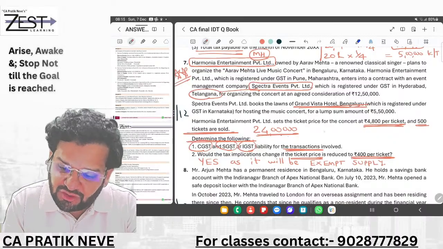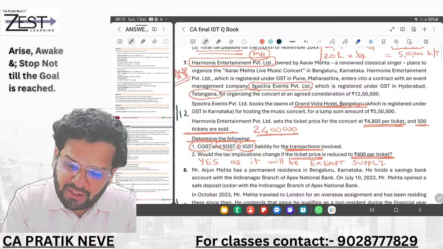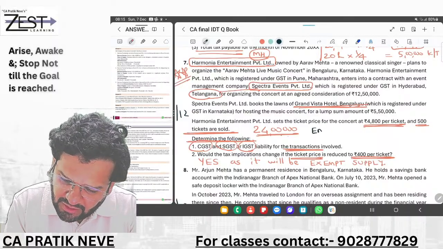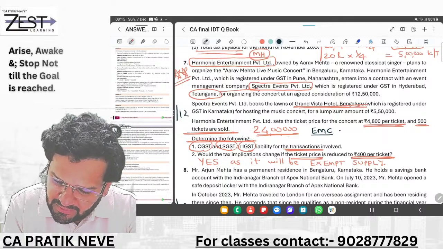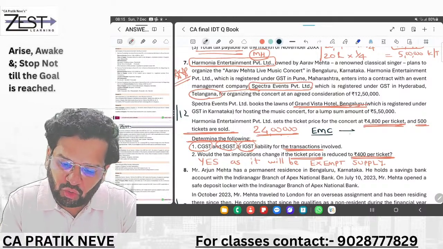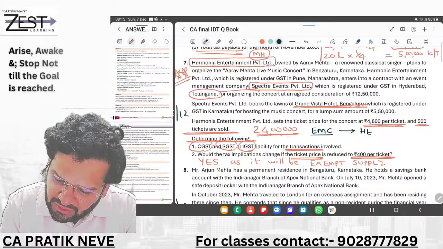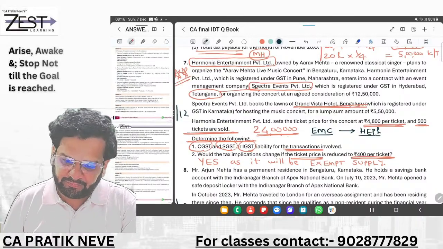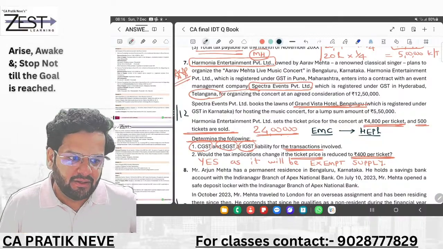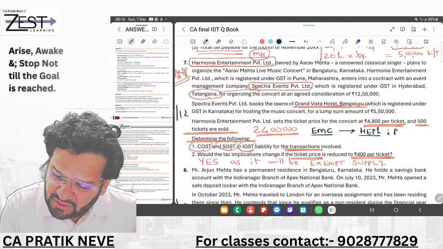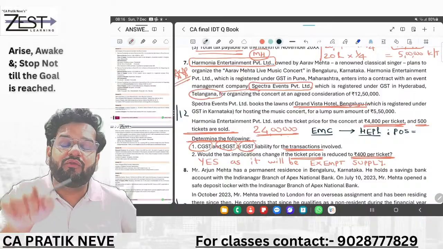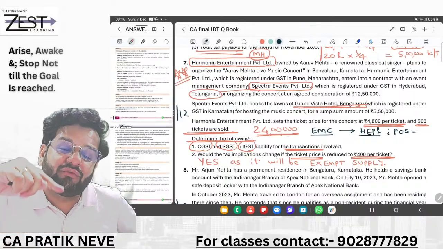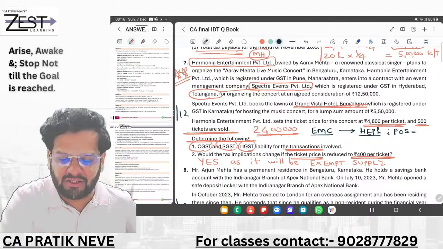So basically, the first one is the event management company giving a supply to Harmonia Entertainment Private Limited. In such cases, place of supply is, as we have seen today, where the event is. No, it depends on whether it is B2B or B2C.